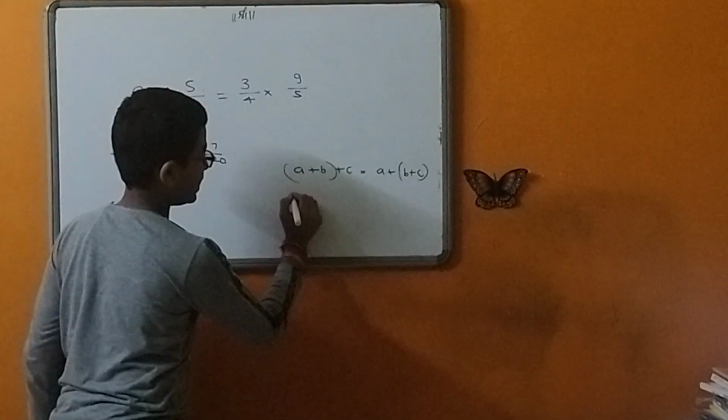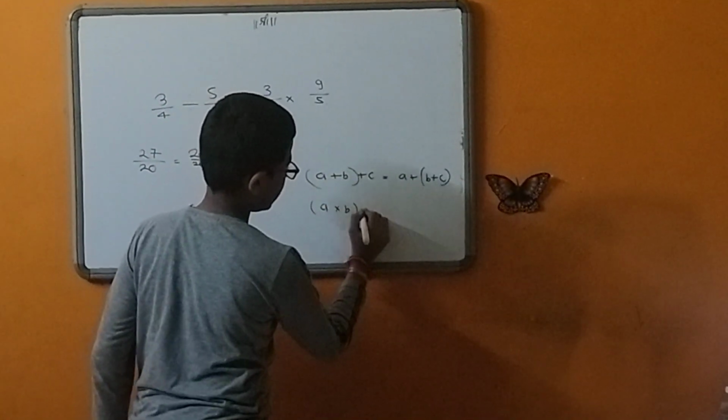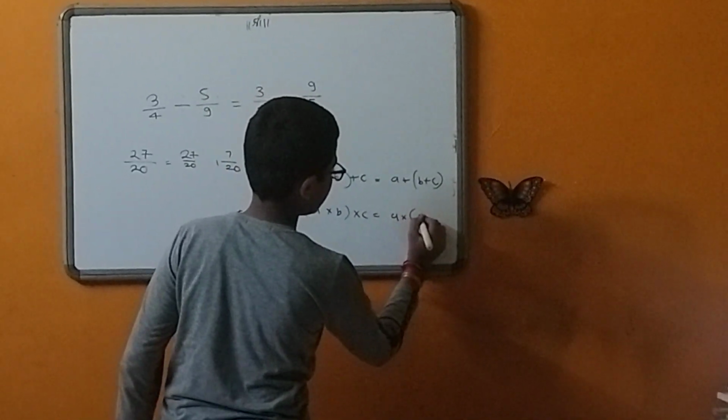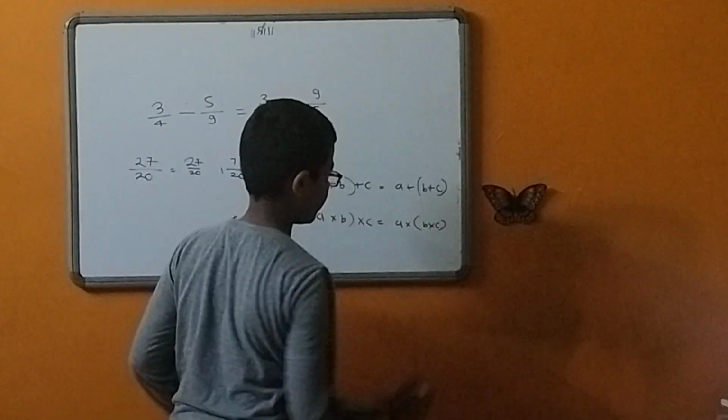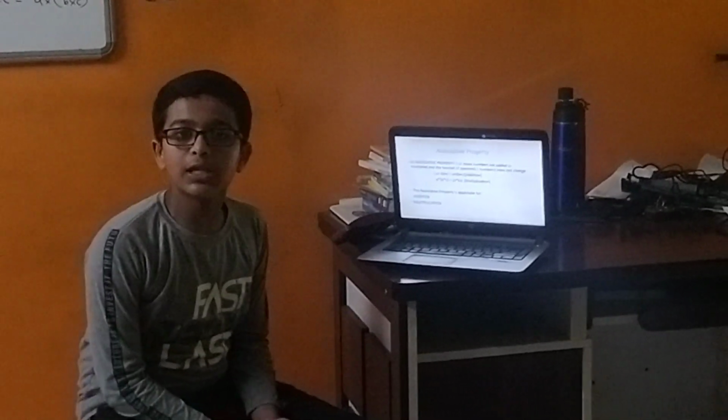And in the case of multiplication, (a × b) × c will give us a × (b × c). This is the associative property.